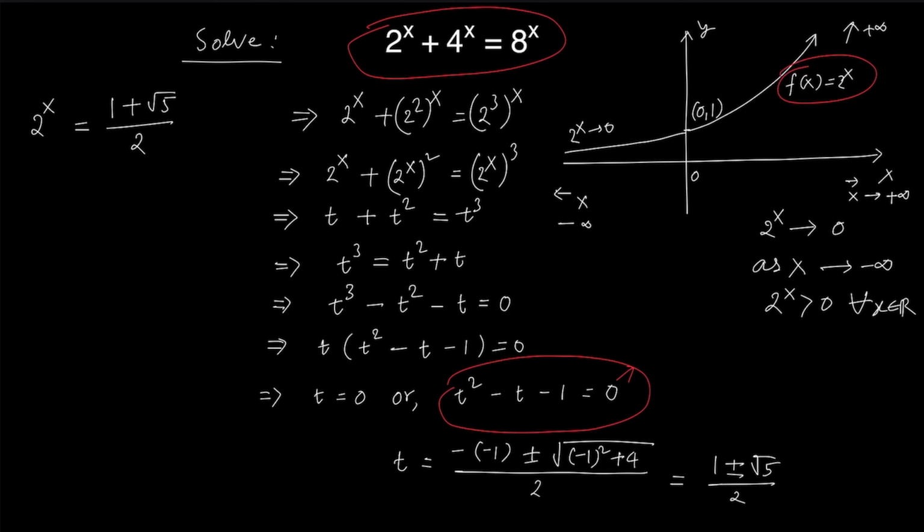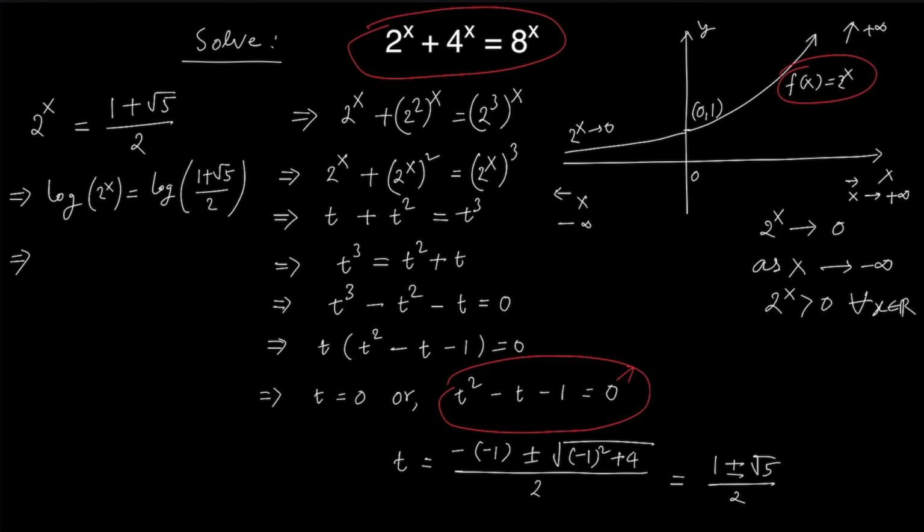If we take logarithm on both sides, then we get log 2 to the power x is log of 1 plus root 5 by 2.